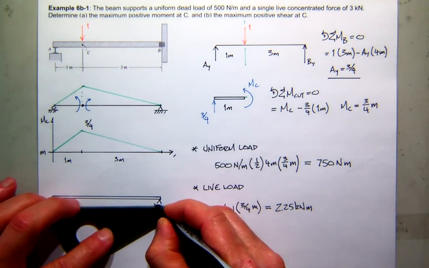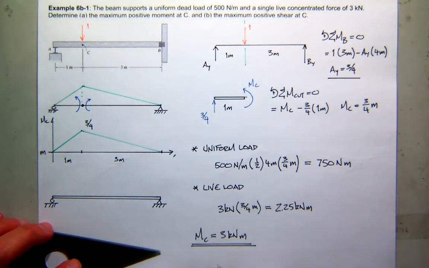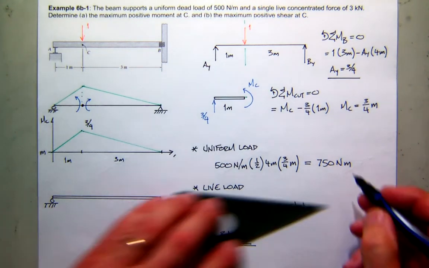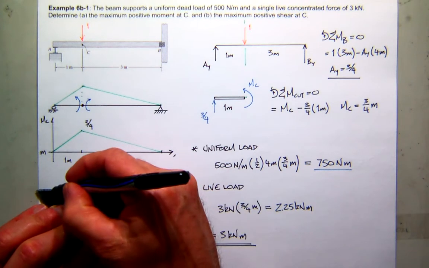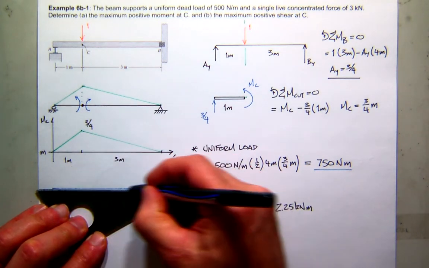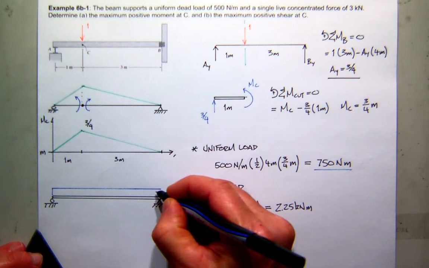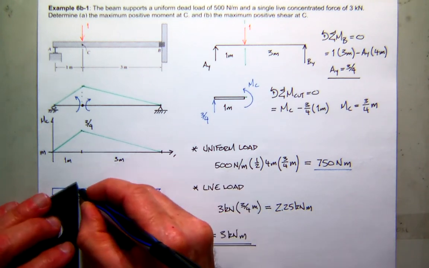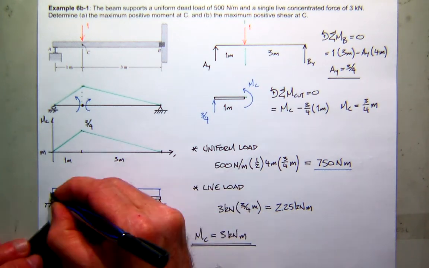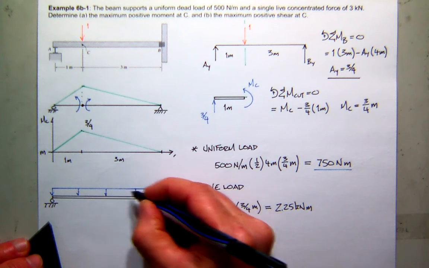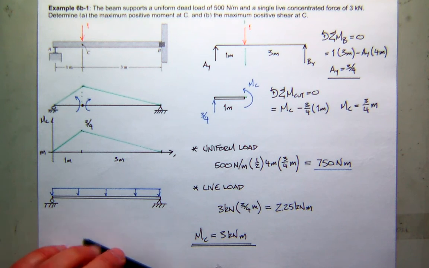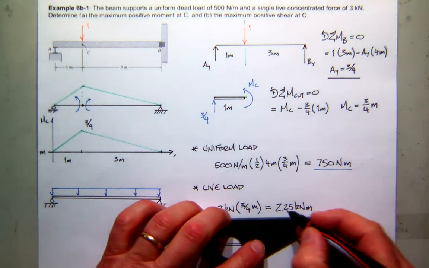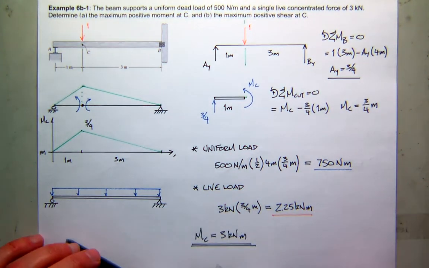There's our original geometry. And I'll put the blue part, the dead load, that's going to go across the whole structure. And then the live part will be where?